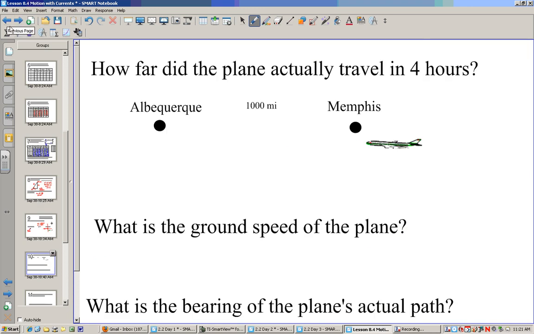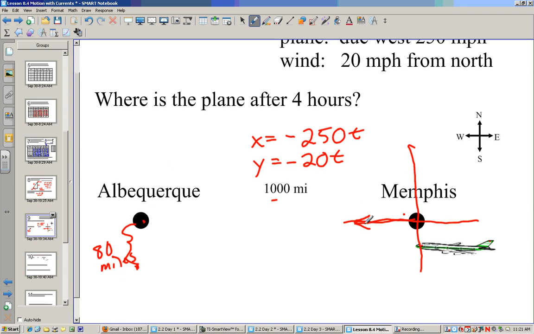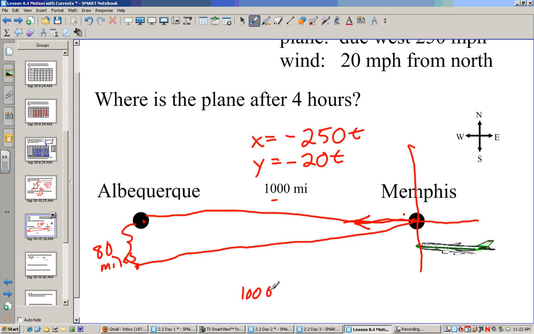So how far did the plane actually travel in 4 hours? Well, let's take a look. They went 1,000 miles to the west, 80 miles down. It actually flew 1,000 squared plus 80 squared equals c squared. So 1,000 squared plus 80 squared is 1,066,400.